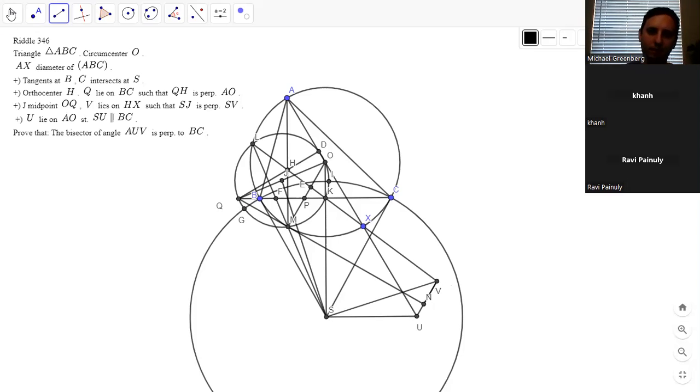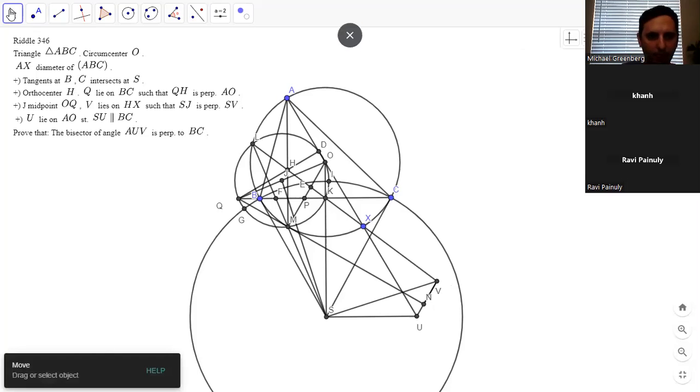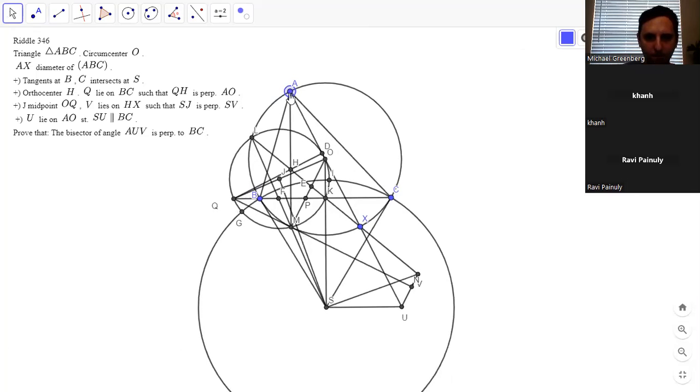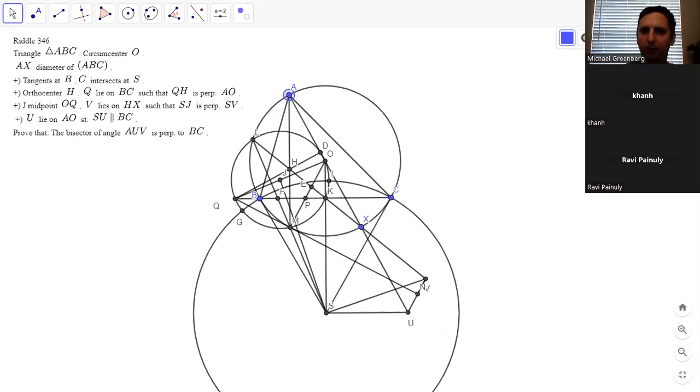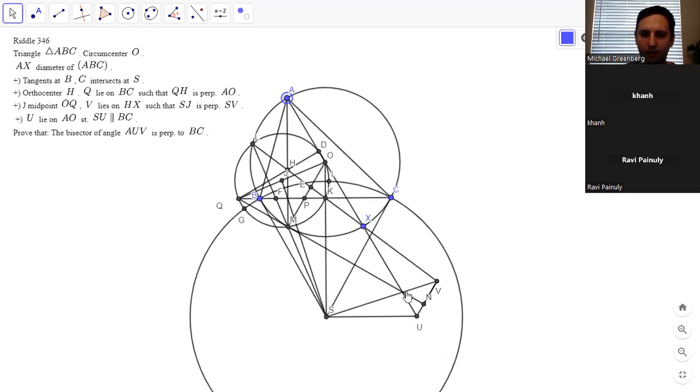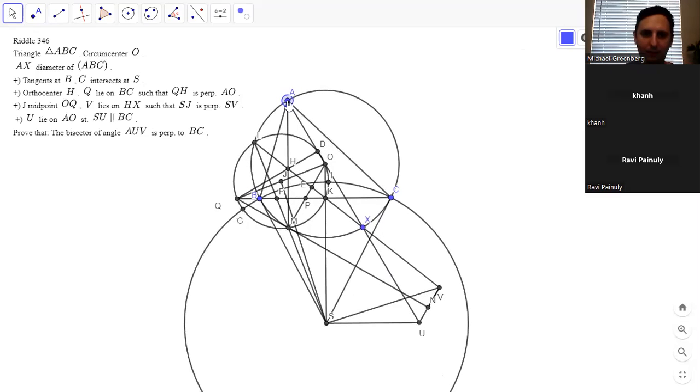Yeah, that makes sense. Sorry, I'm going to move it back. It looks like these concur, so I was trying to make it so it doesn't look like that. Can you connect EF?